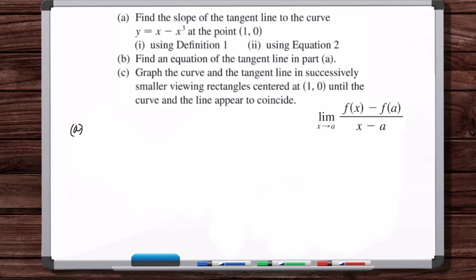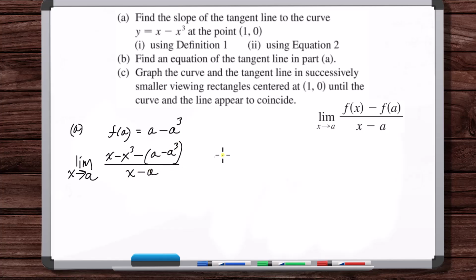Okay, so starting with this form, let's just write out this limit. We have f of x, and we can get f of a because f of a is just y of a, that's a minus a cubed. So, okay, the limit as x approaches a of, so f of x is just x minus x cubed, then minus f of a, and then over x minus a.